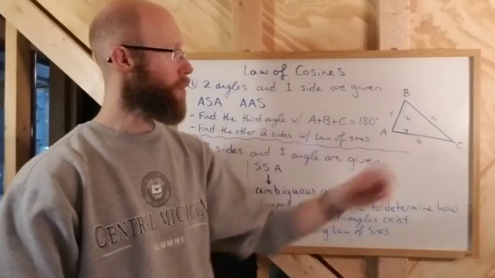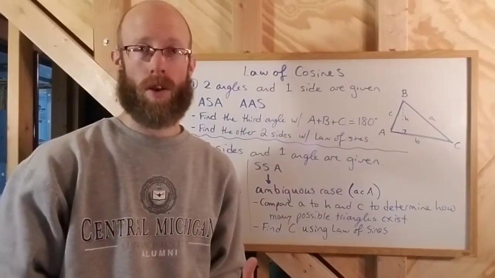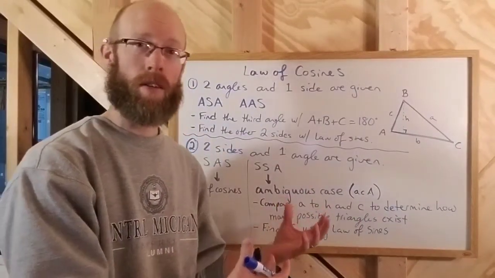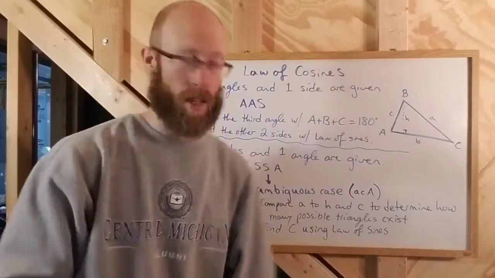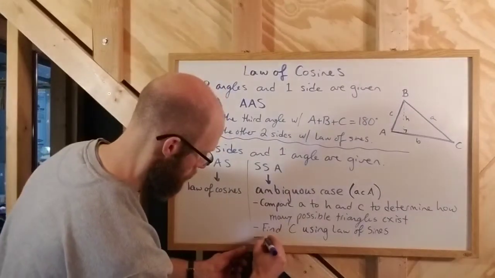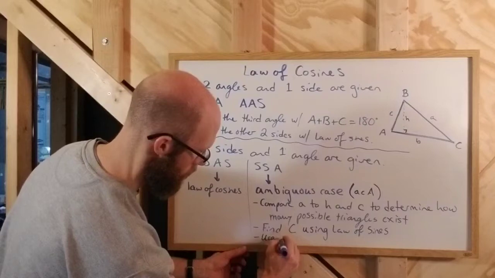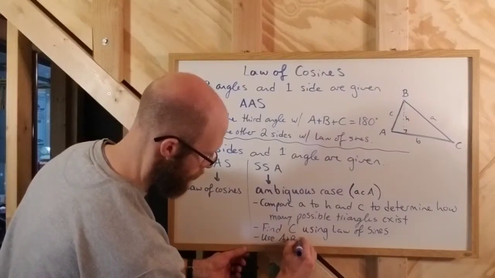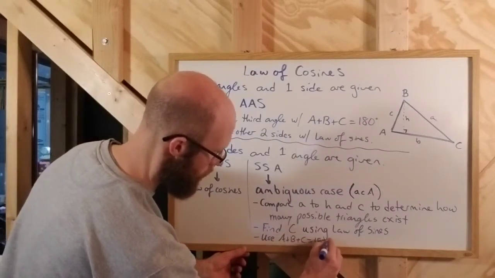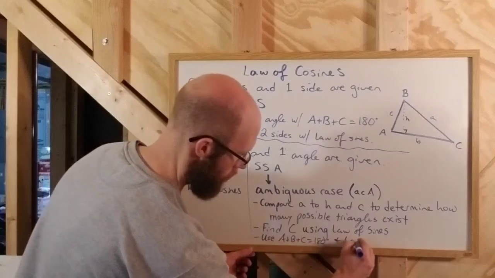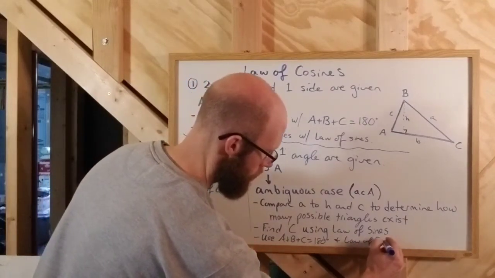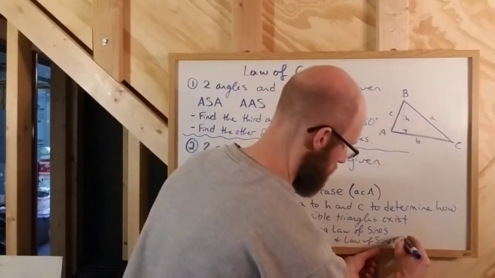Once you've found that one, you can then use the angle sum formula to find your third angle, and then the law of sines again, right? So use A plus B plus C equals 180, and law of sines to finish.